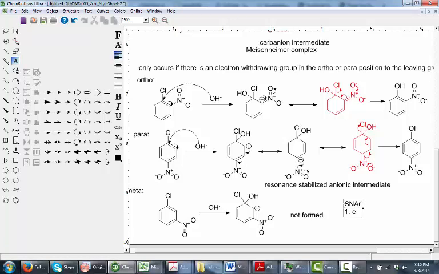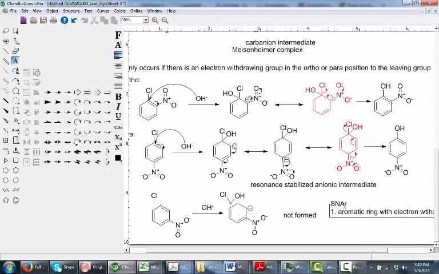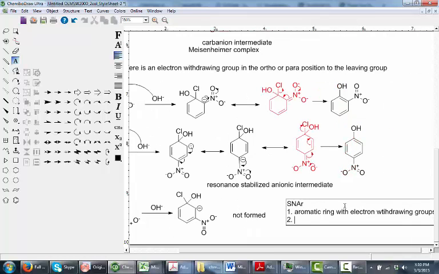You need an aromatic ring with electron withdrawing groups, and then the reacting partner has to be nucleophilic. In the context of EAS, the electrophilic aromatic substitutions, our reacting partners were clearly electrophiles. Here we're talking about OH minus being the reacting partner. That's clearly a nucleophilic reacting partner that reacts with an aromatic ring with electron withdrawing groups on it to generate the desired products.